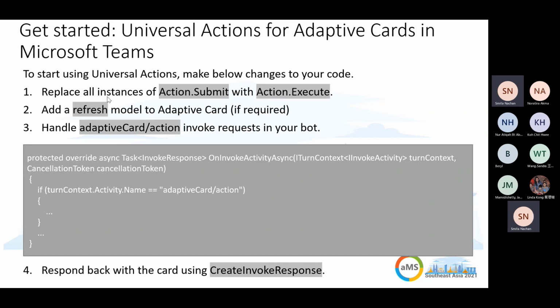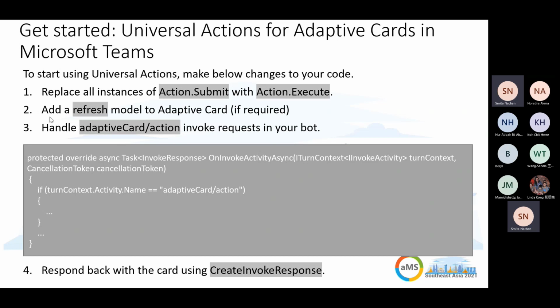So first thing is that we should replace all of the instances of action.submit, which were used in the adaptive cards for version 1.0 or 1.1 or 1.2 or 1.3. All of those instances of action.submit should be replaced with action.execute, so that we will follow the universal actions for both Microsoft Teams as well as Microsoft Outlook.